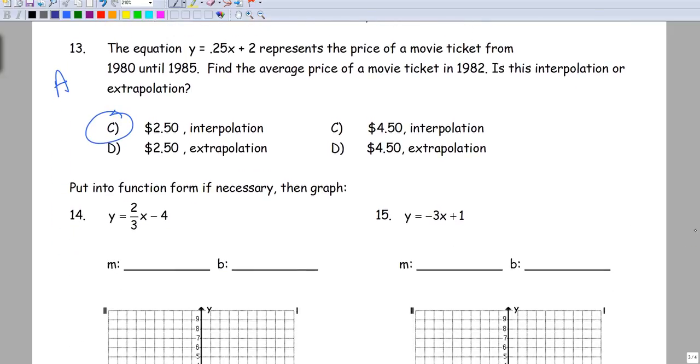Number 13, the equation y equals 0.25x plus 2 represents the price of a movie ticket from 1980 to 1985. We are looking at 1982. So again, your first year is your year 0. 1982 compared to 1980 is 2 years later. That's what's going in place of x.